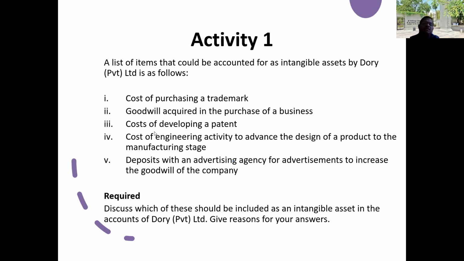There are 5. First, the cost of purchasing a trademark. When you acquire a particular trademark, of course, you debit the trademark account and credit cash by the cost. Cost includes not only the purchase consideration you paid, but also other professional charges, legal fees, etc.